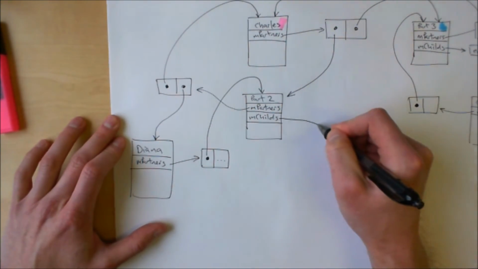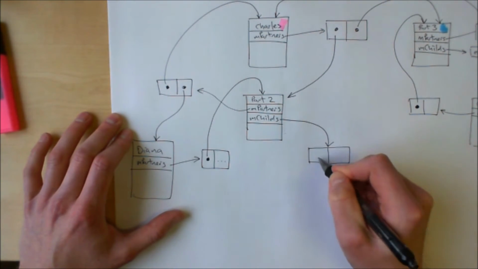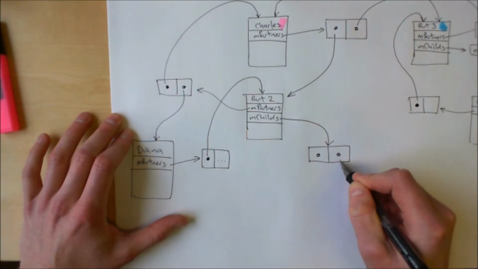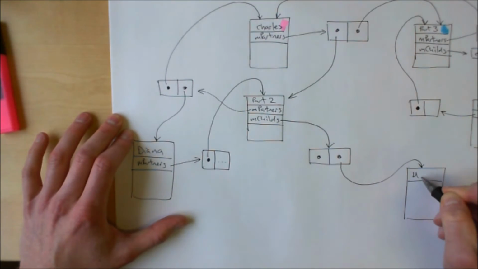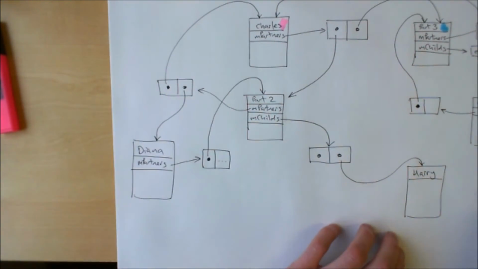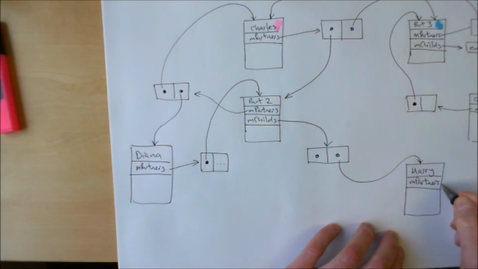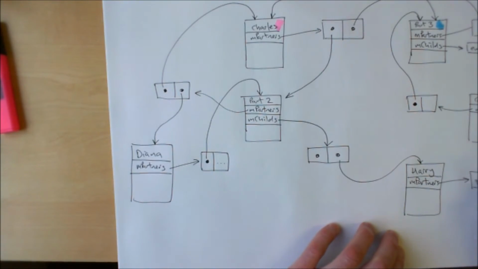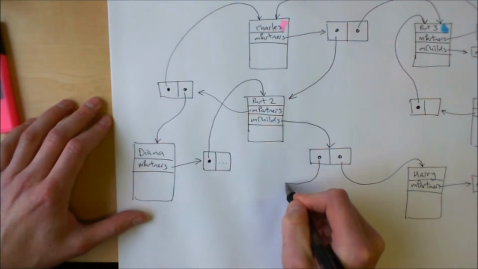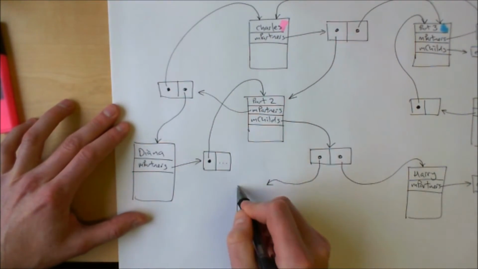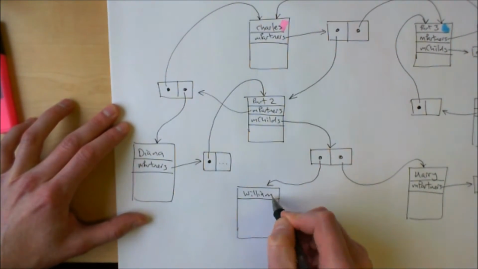Okay, so we also have the m childs array, and again this one has two children. The second one is Harry, and Harry has an empty array of partnerships because he doesn't have any, and the other one is William.